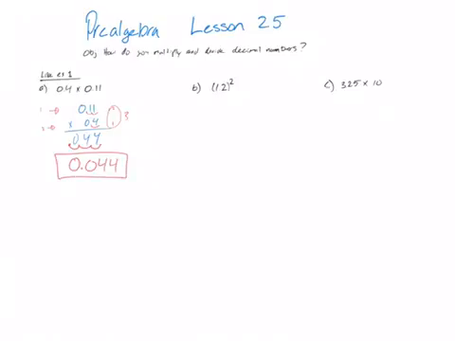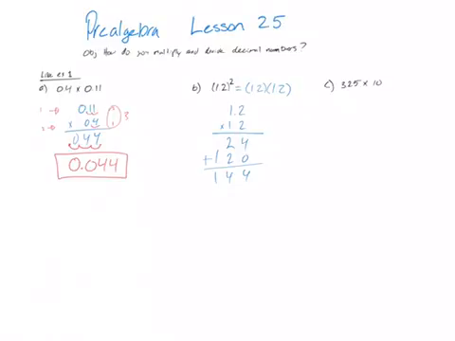Okay, let's try another one like that. Hopefully we can figure this out. Remember, 1.2 squared means 1.2 times 1.2. So what I'm going to do is say 1.2 times 1.2. 2 times 2 is 4, 2 times 1 is 2, 0 to hold my place, 2, 1, add 4, 4, 1.